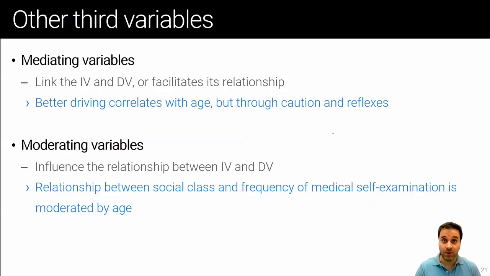Older women in all different social classes tend to have the same frequency of self-examination. So there is this relationship between social class and the frequency of self-examination, but it's moderated by the age of the person. And so this relationship depends on this third variable, which is age.